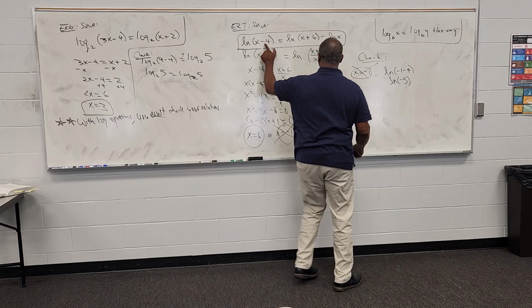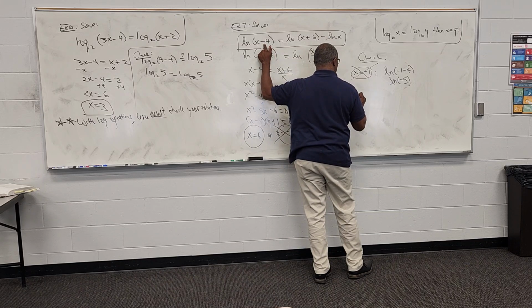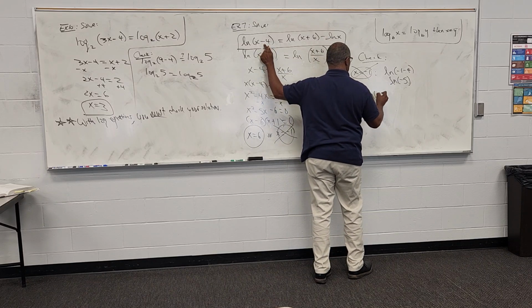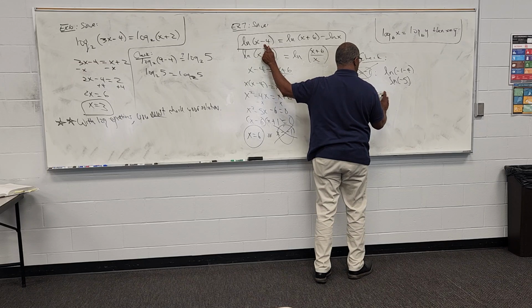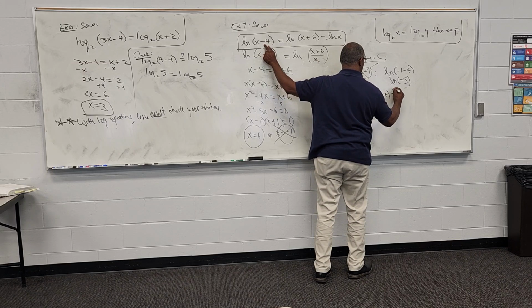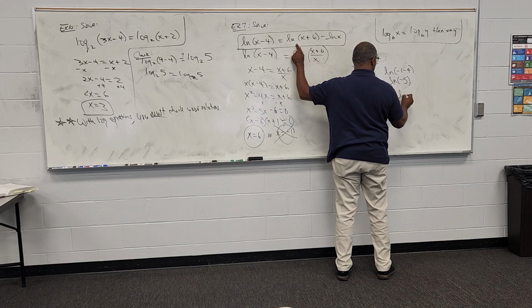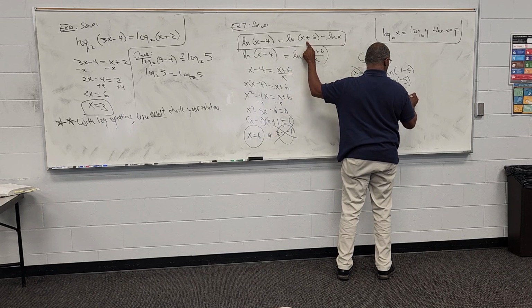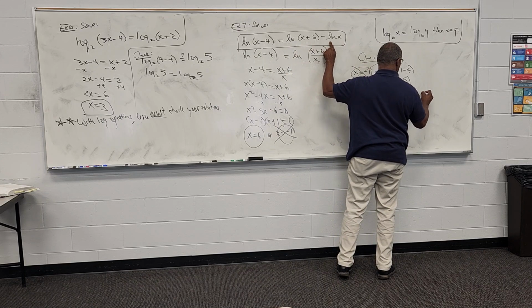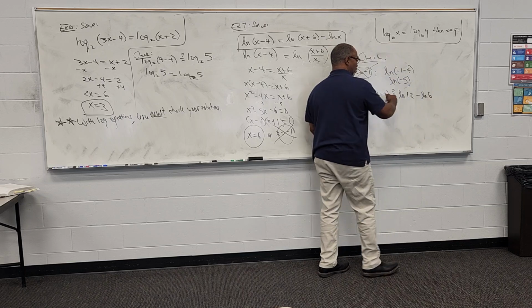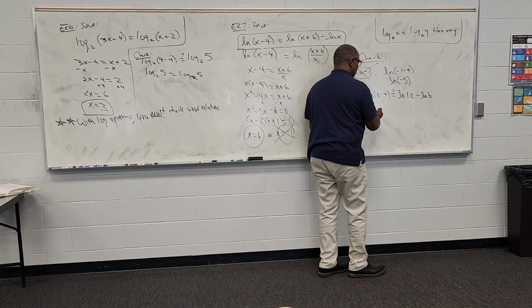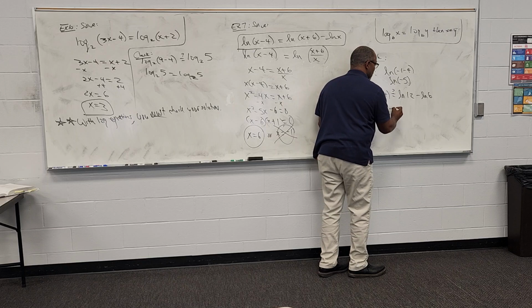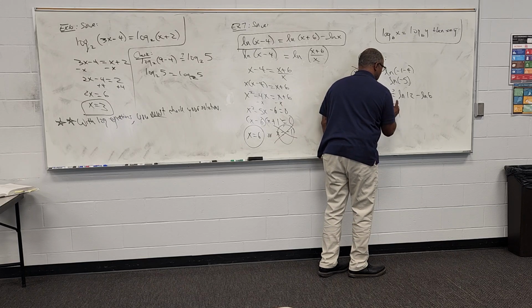If you check x equals 6, you'd have ln of 6 minus 4. And the question is, is that equal to ln of 12 minus ln of 6? Well, that's fine, because you never tried to take the log of a negative. So is that equal to this?